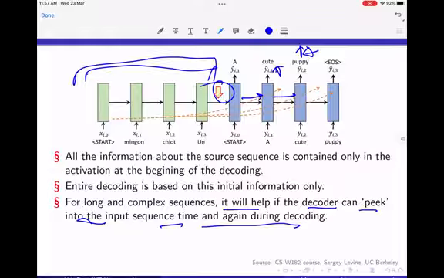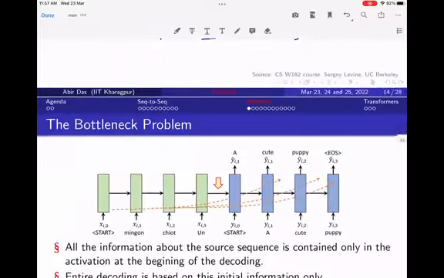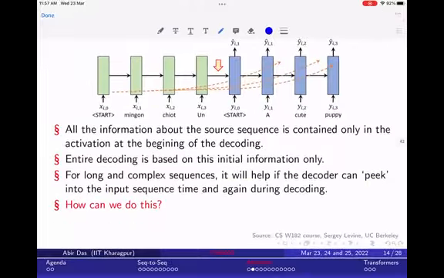It will certainly help if it can peek into the input sequence during decoding. How can we do this? Let us stop at this point, and we will see how to do this starting tomorrow.